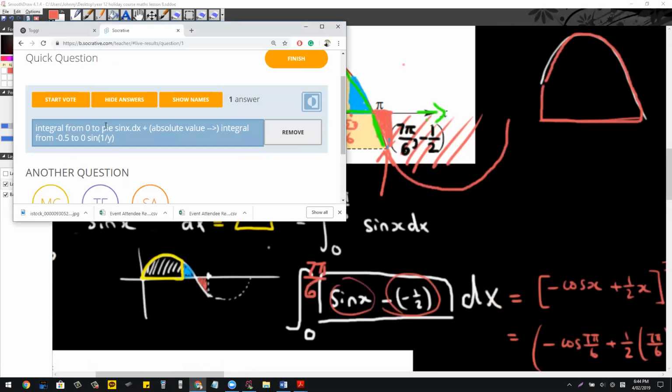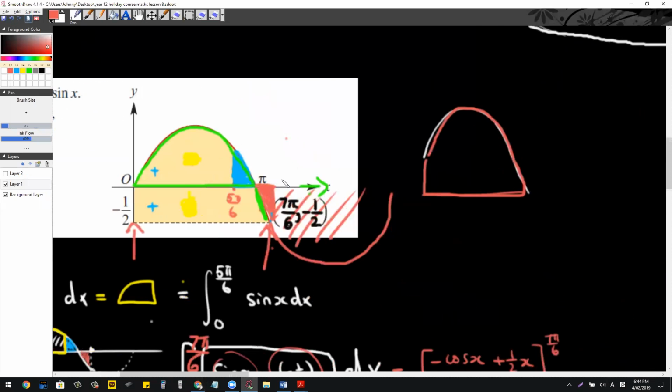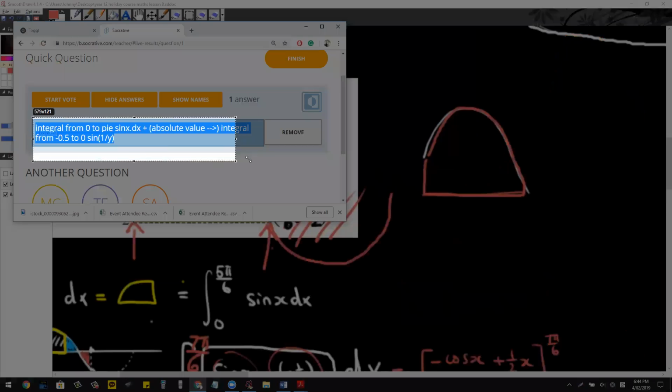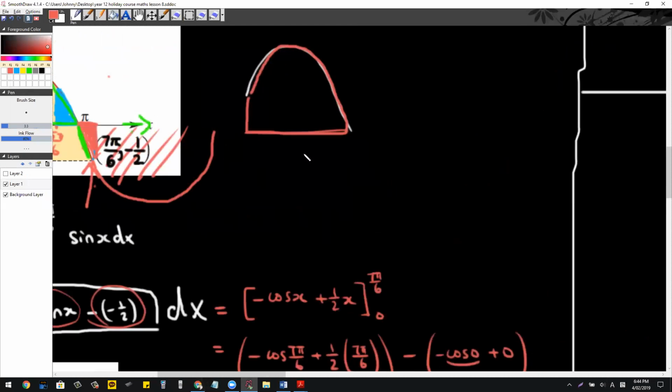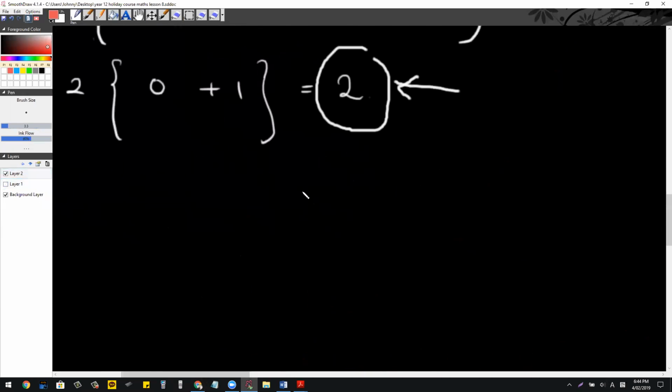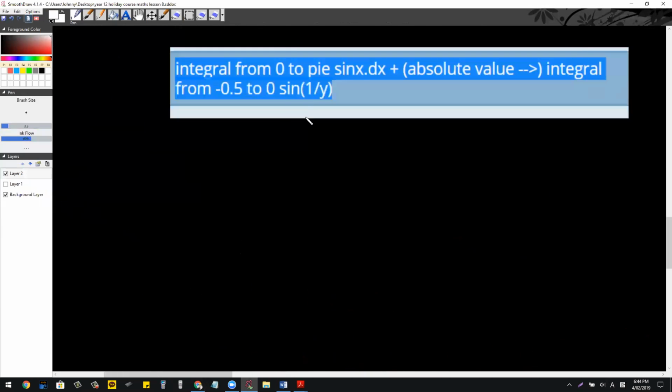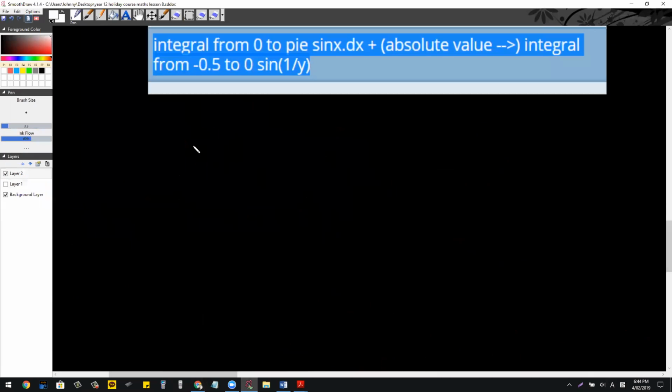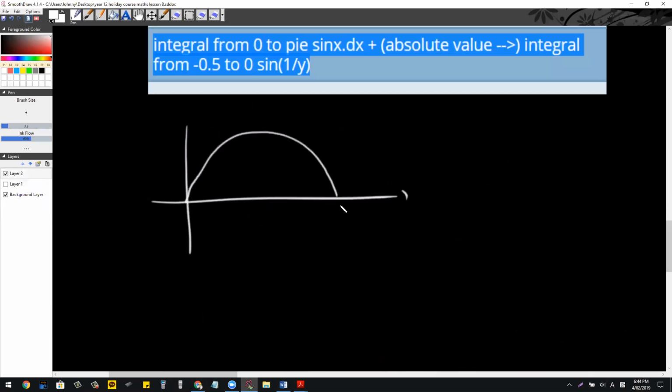Now, this person's answer here was very interesting. It's definitely worth analyzing. This area here is done through the integral from 0 to pi, because this value here is pi.